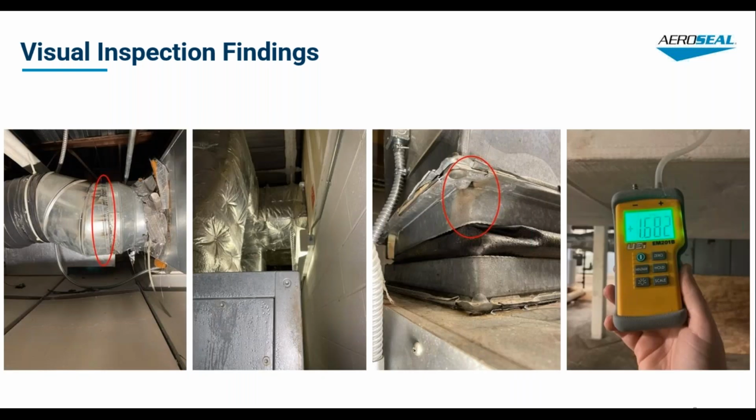And here's a couple more. So the first one, some round duct that's tapped off the main branch. The circle there should be duct sealed very, very well, and it's obviously not. There's leakage all the way around that. You can see from the dust trails. Then the next photo, you can see that insulation is inflated.